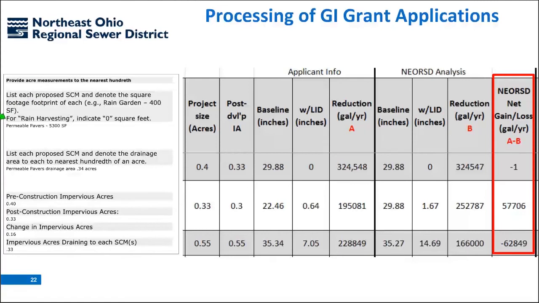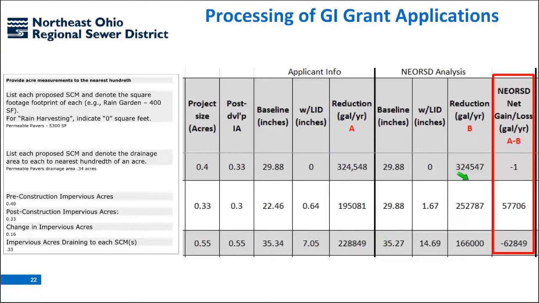So right here, you can see where they provided us the fact that they are proposing permeable pavers, a 5,300 square foot field of permeable pavers with a drainage area of 0.34 acres. So we use those numbers and we put those in what we call, obviously, the applicant's information and get their numbers, their results of reductions of gallons per year.